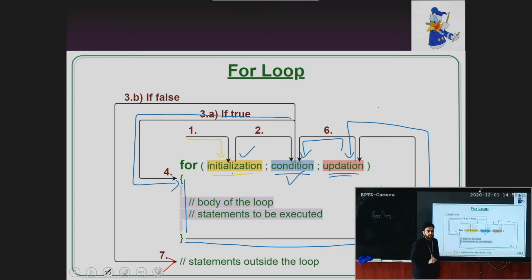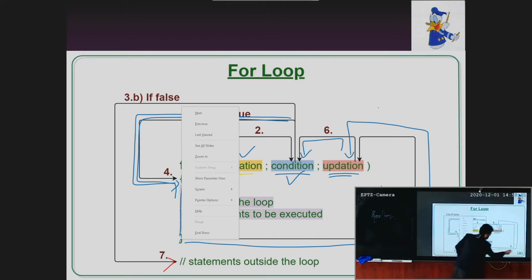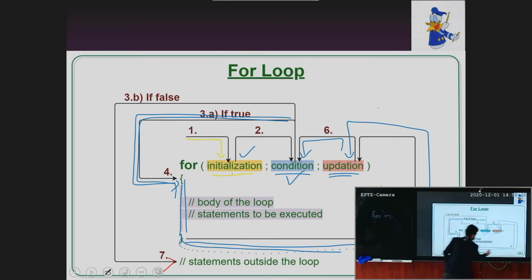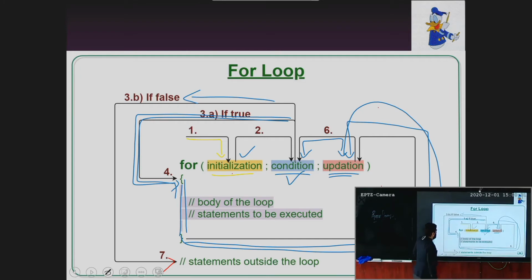So if the counter condition is fulfilled according to the criteria that we introduced as per our relational operator, whether it is greater than, less than, equal to, or not equal to, and it becomes true, then the same path will be followed again and again: the body will be executed, then execution will come again to the updation statement, the updation will be performed, then the condition will be checked, and after condition checking the execution will come either through the true path or through the false path.